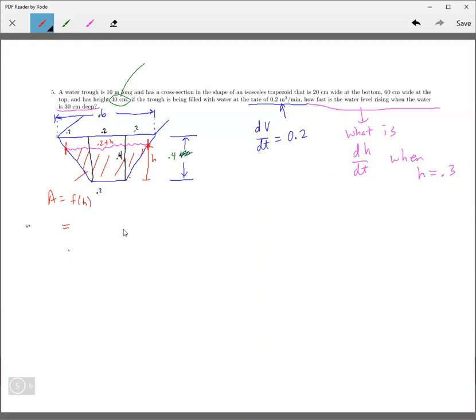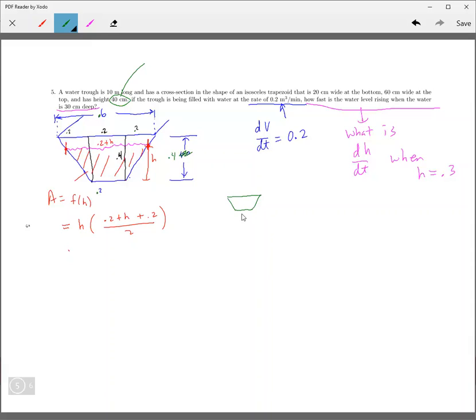Now the area of a trapezoid like this is going to be the height times the average of the lower and upper lengths. So let me just mark this.